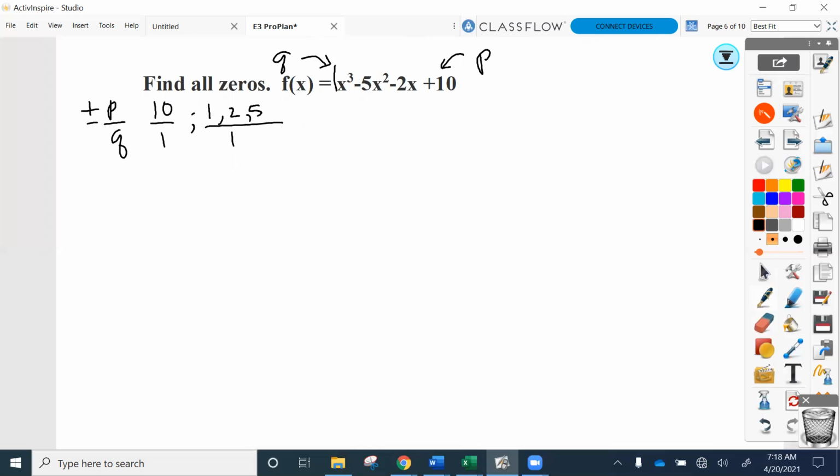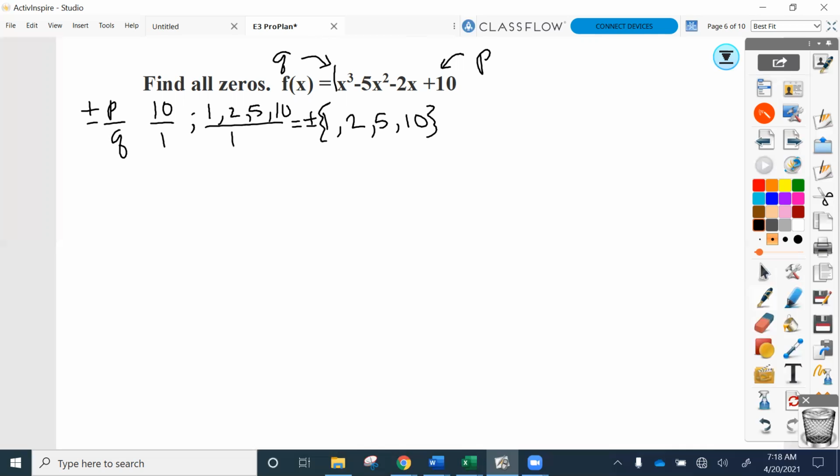And the factors of 1 are just 1. So if you combine those fractions, you'd get 1 over 1, which is 1, 2 over 1, which is 2, and 5 over 1, which is 5. Oh, and one other factor I forgot is 10. So those are the possible zeros.